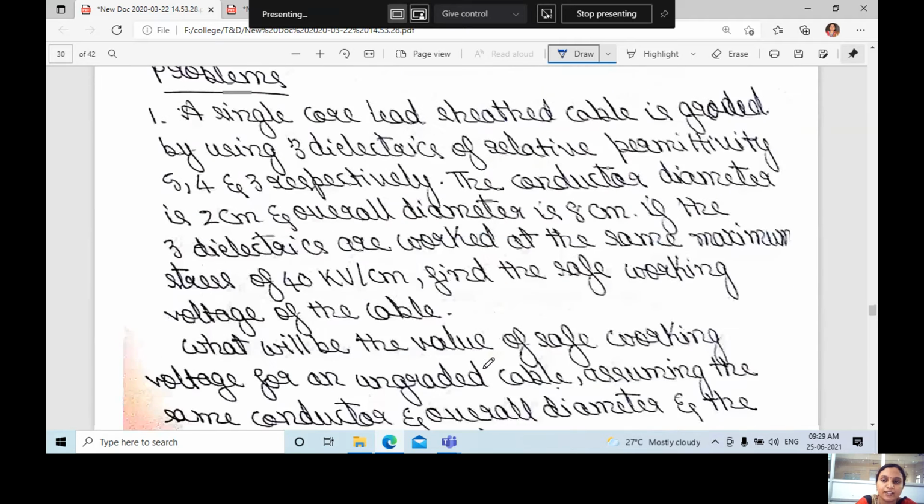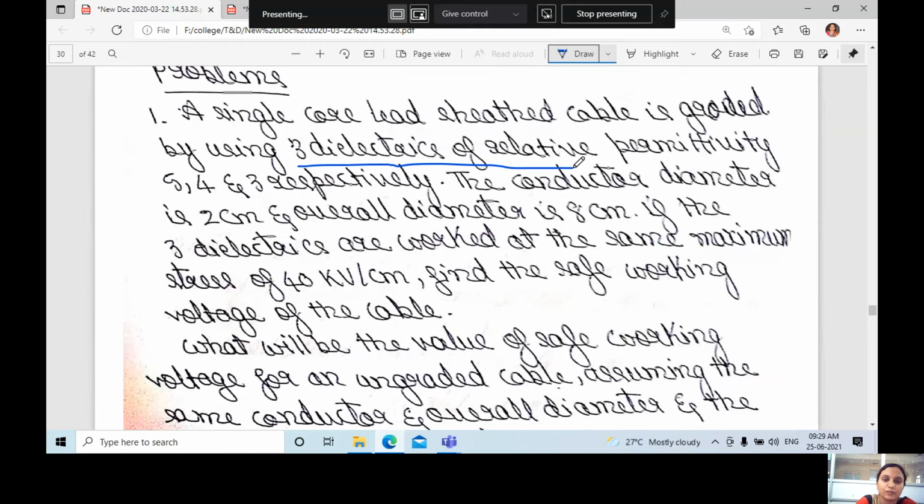Lead sheathed cable is graded by using three dielectrics of relative permittivity 5, 4, 3 respectively. The conductor diameter is 2 cm, that is small d, and the overall diameter capital D is equal to 8 cm. If the three dielectrics are worked at the same maximum stress of 40 kV per centimeter, that is G value, find the safe working voltage of the cable.